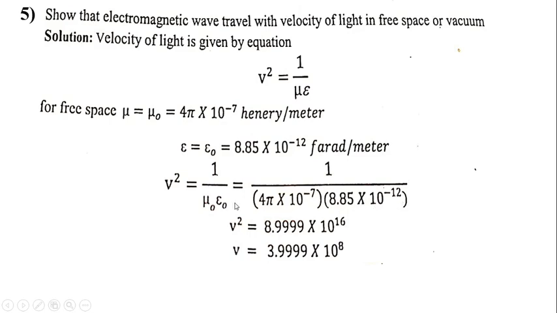So after simplification, v square equal to 8.99 into 10 raised to 16. So v equal to 3.9 into 10 raised to 8. That is here electromagnetic wave travel with velocity of light is shown in free space.